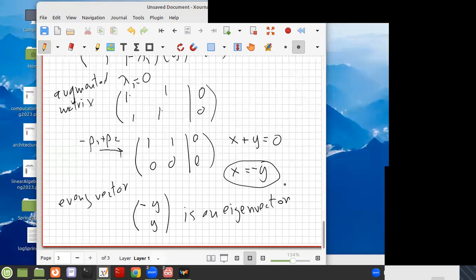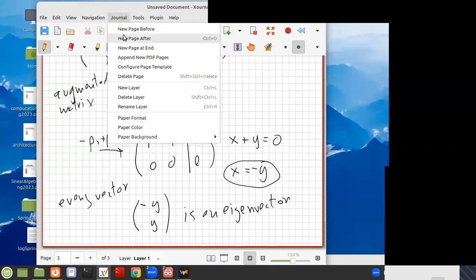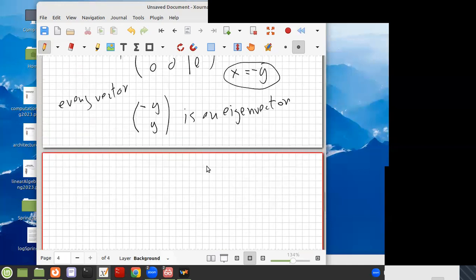So what we're going to do is choose a representative eigenvector, which is choosing a basis for this one-dimensional eigenspace. How are we going to choose y? Let's have this as a social convention.